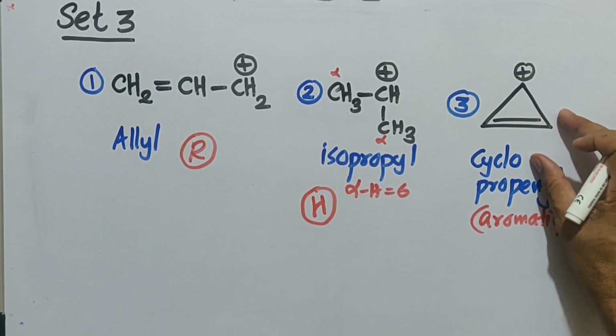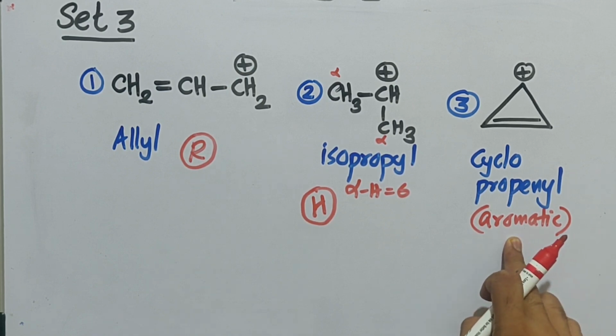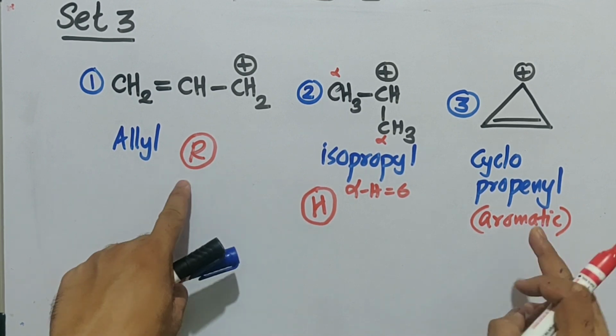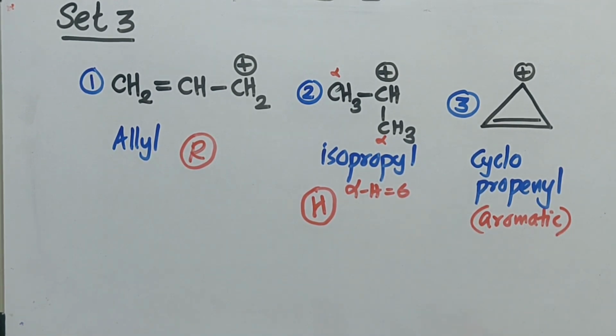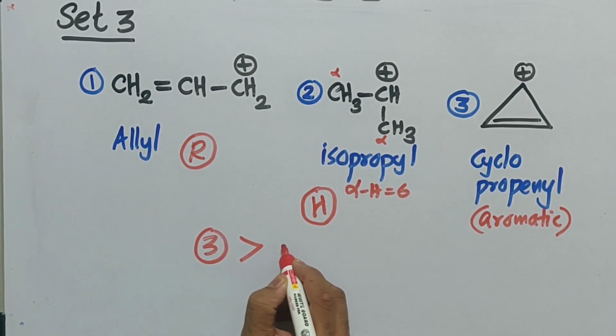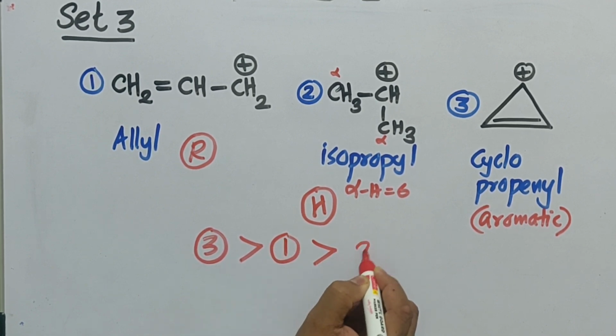So this compound obeys Huckel's rule. That is why this is aromatic. We have learned already that aromaticity is a more powerful factor for stability than resonance, which is more powerful than hyperconjugation. So we can give the order of stability as 3 is more stable than 1, which is more stable than 2.